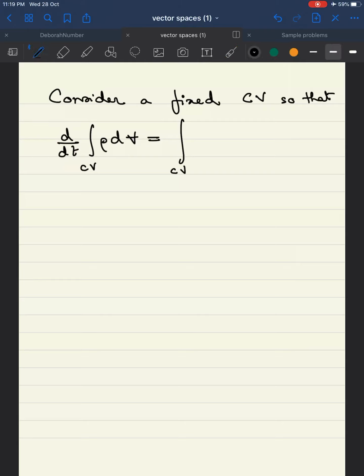So these two are equivalent. So this is del rho by del t dV, and this urel is just the u, right? So the control volume is fixed. It's non-deforming and not moving with respect to the fluid.